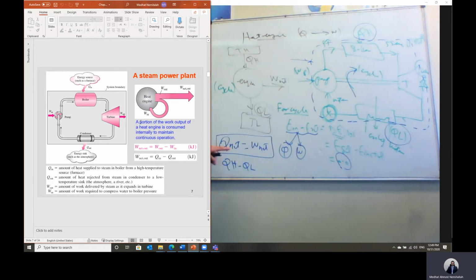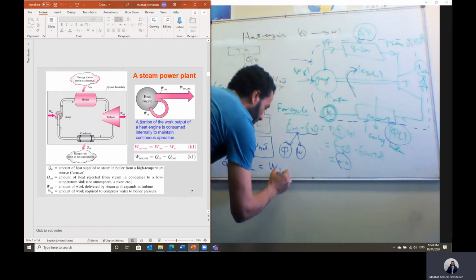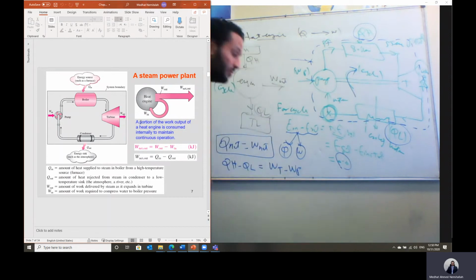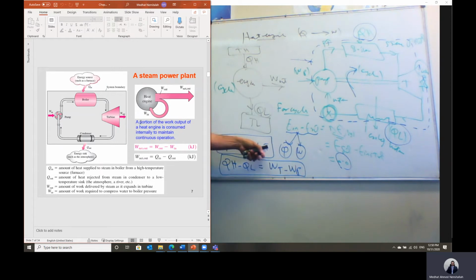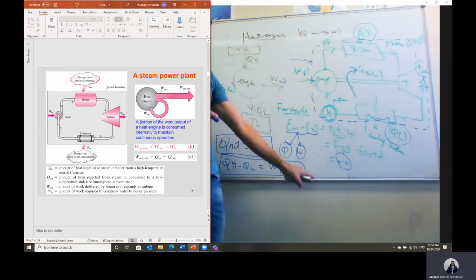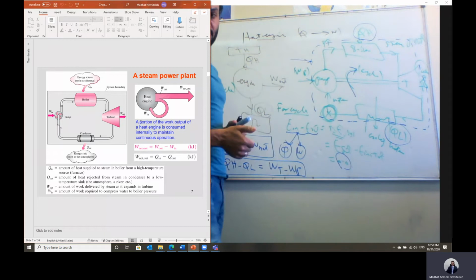This should equal W net, which equals the work out from this turbine minus the work input to this pump. So we have net heat to the system equal to the net work out of this system, or Q high minus Q low equals work out minus work input.